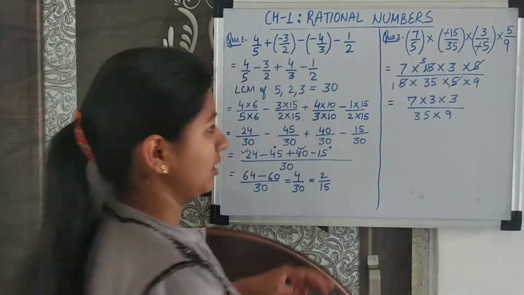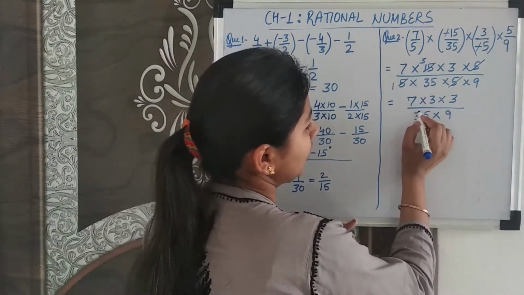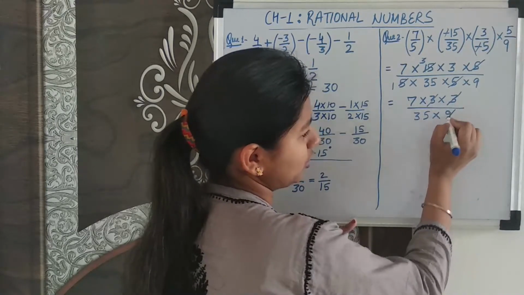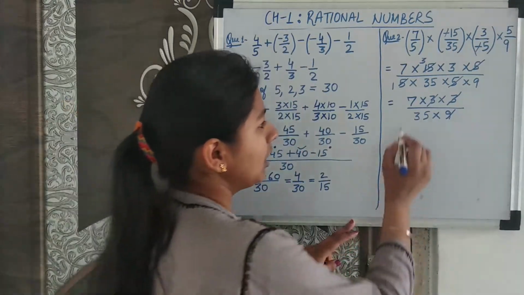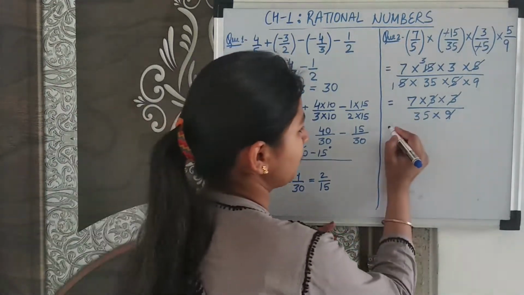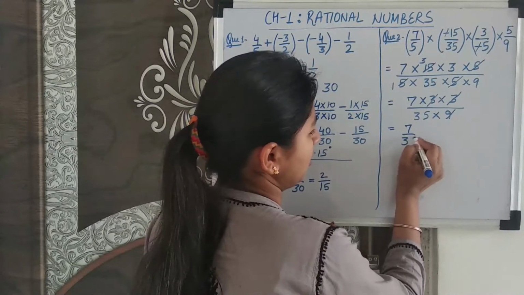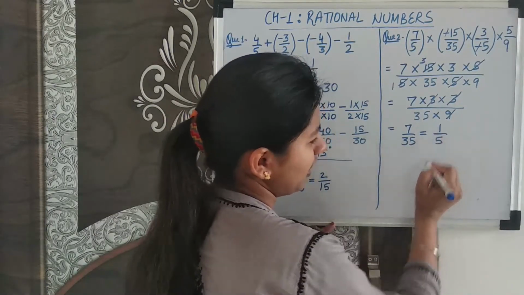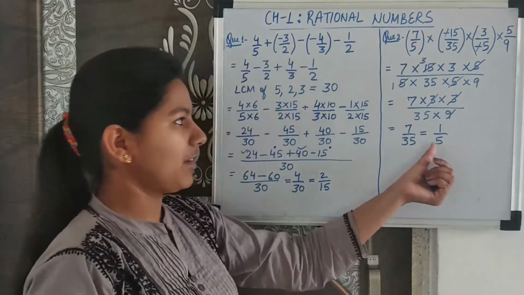Now 3 3s are 9 and this is also 9, so this all will be cancelled. Now 7 and 35 both come in the table of 7. So 7 ones are 7 and 7 fives are 35. So this is our final answer.